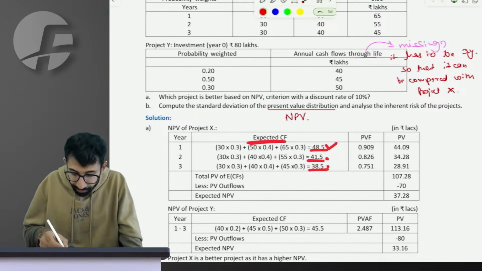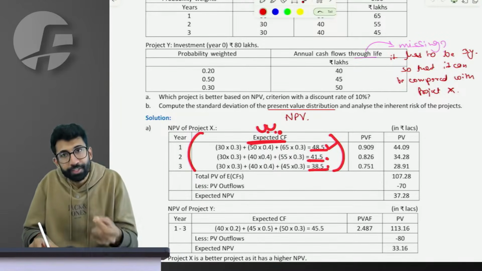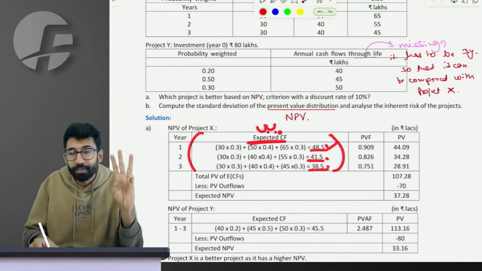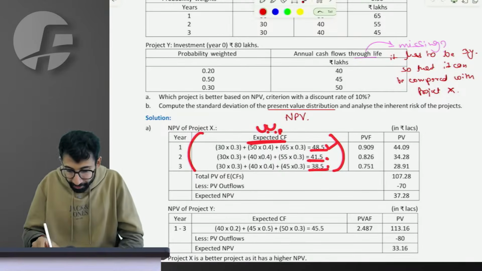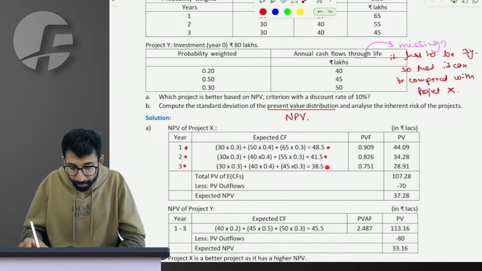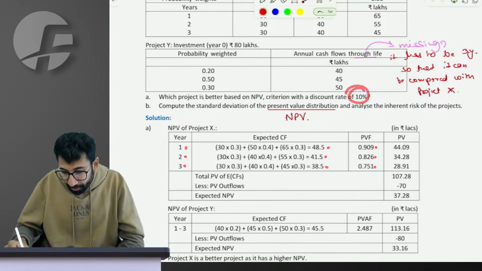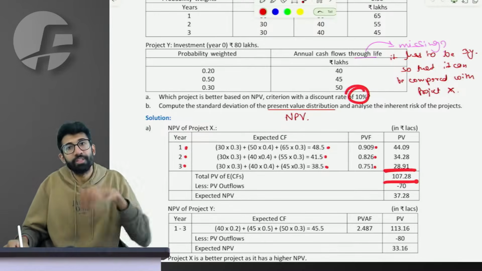We did the expected cash flow calculation in the NPV table itself. For the 3 years, if we have these expected cash flows at the rate of 10%, and the discounting factors are these, then the present value of future cash flow is 107.28.